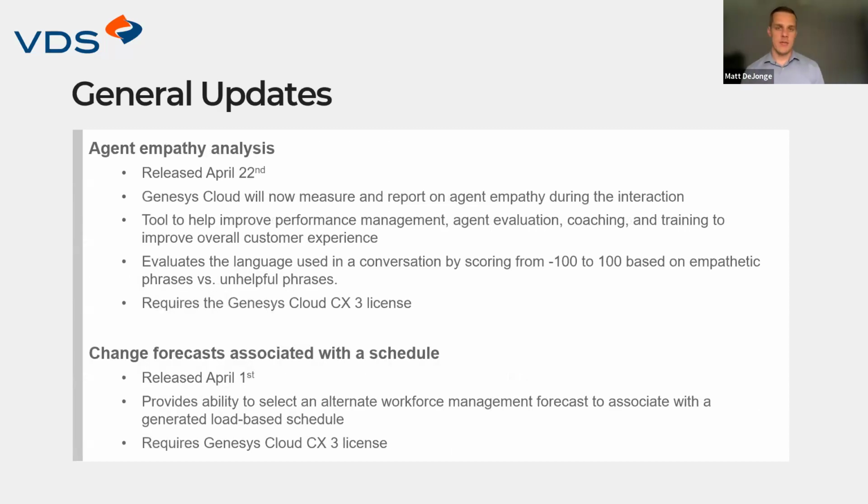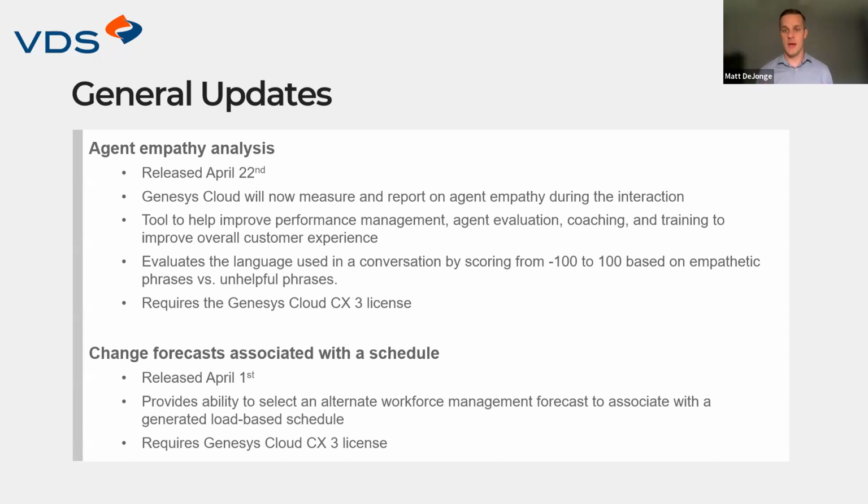Next update that came out last week that I think was pretty interesting is agent empathy analysis. Genesys previously made the data available via API, I believe a couple months back. Now this data is available right within the platform. Genesys will actually measure and report on agent empathy during the interaction.